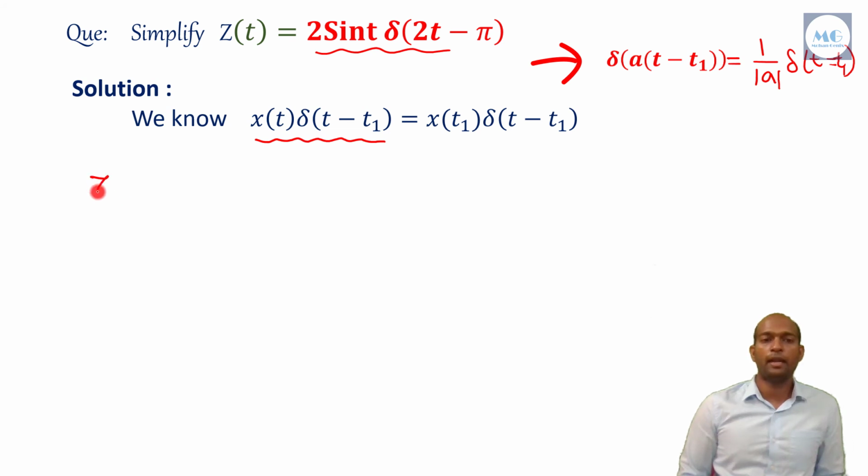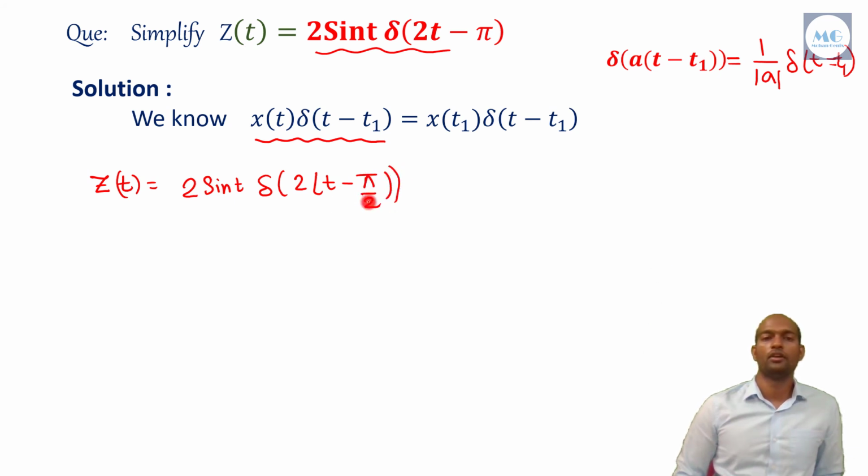By applying that property, z(t) will become 2 sin t. Here I will take 2 common. If I take 2 common, then it will become (t - π/2). Now I will apply this property here.